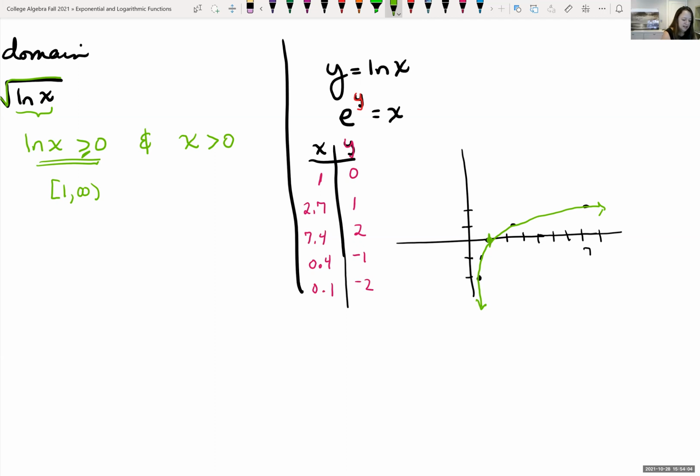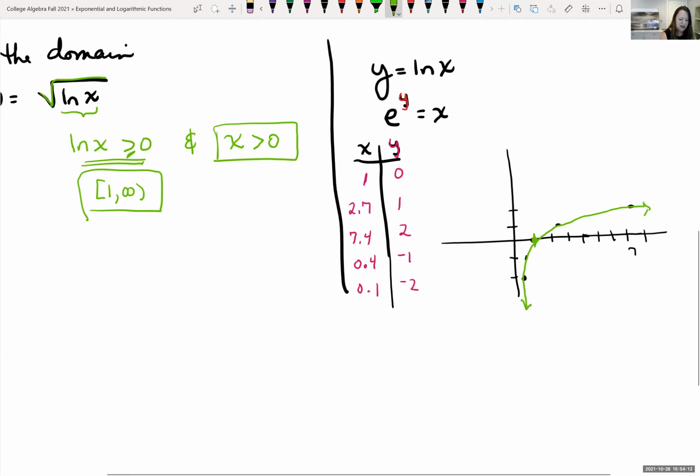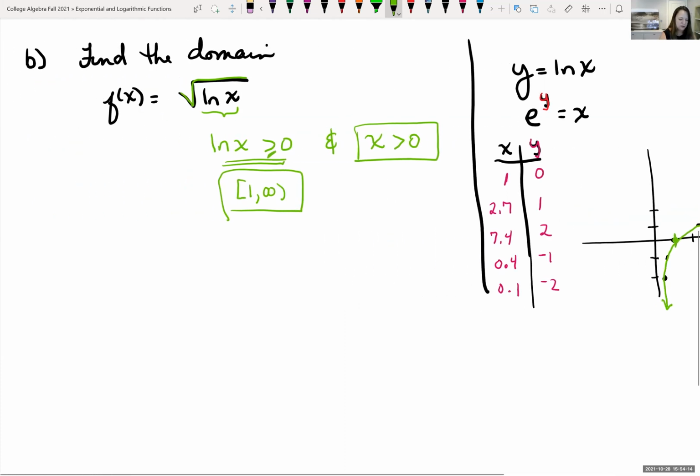But this is an and statement. This has to hold true and this has to hold true. So you're looking at what they share in common. And so what they share in common would just be 1 to infinity. So the domain is 1 to infinity.